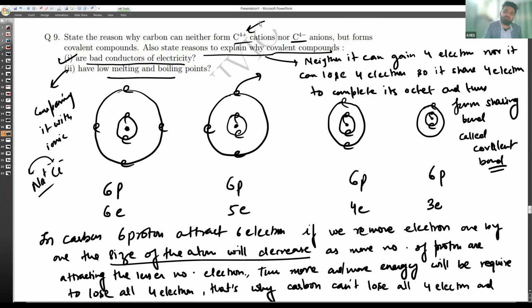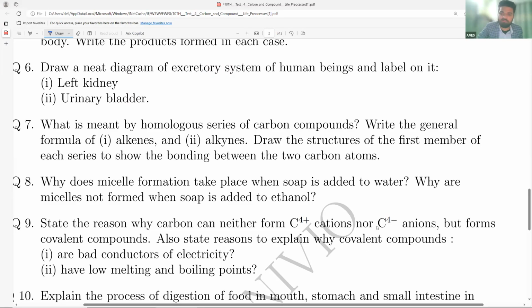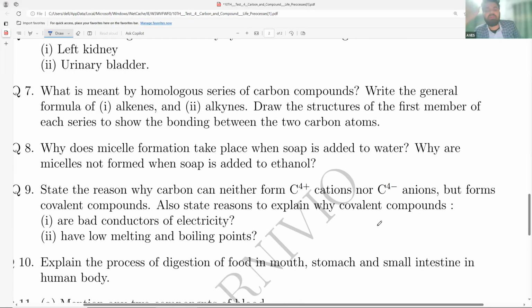This is a very important question that is asked in the examination. Why can carbon form neither C4 positive nor C4 negative ions?